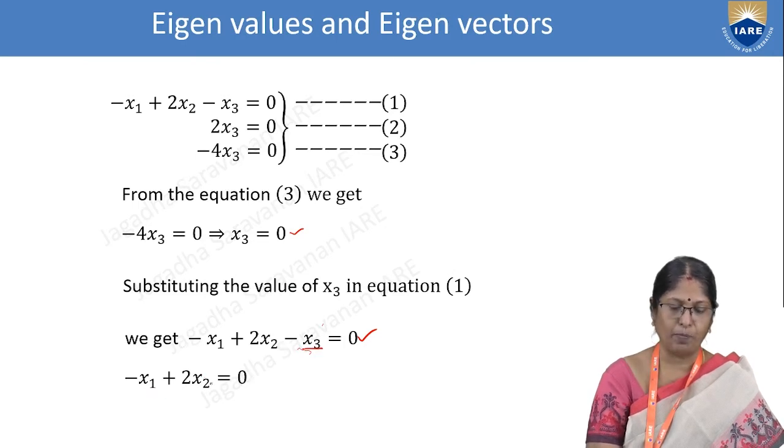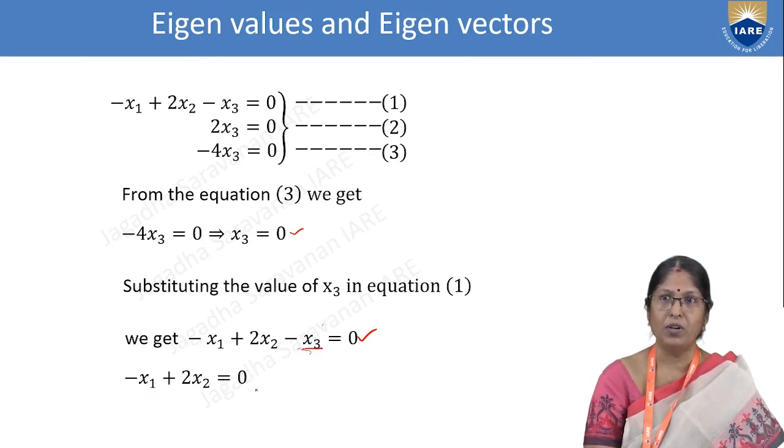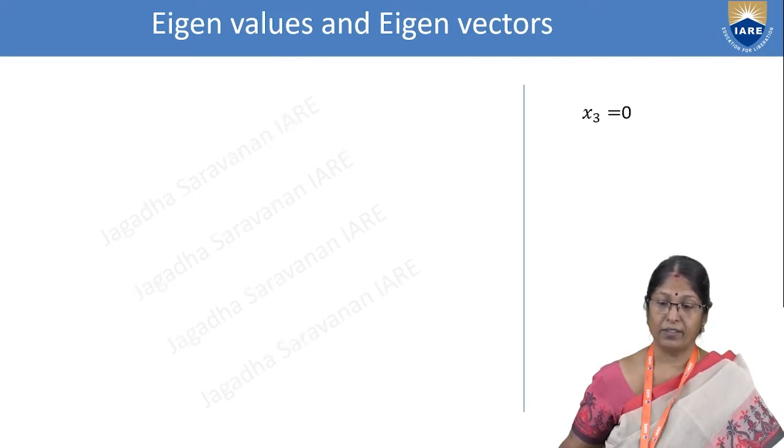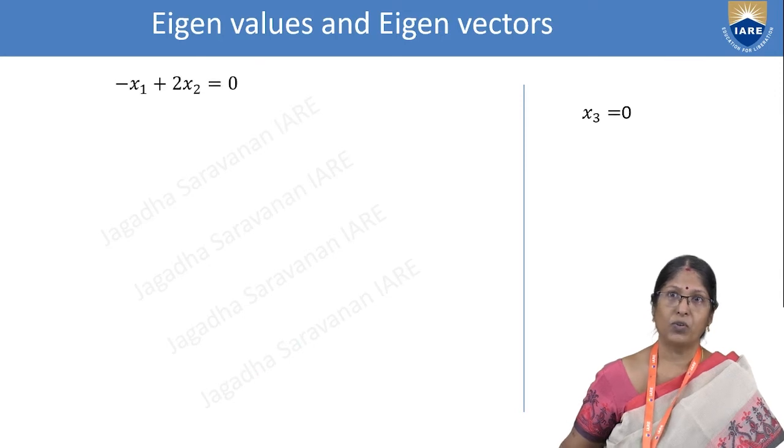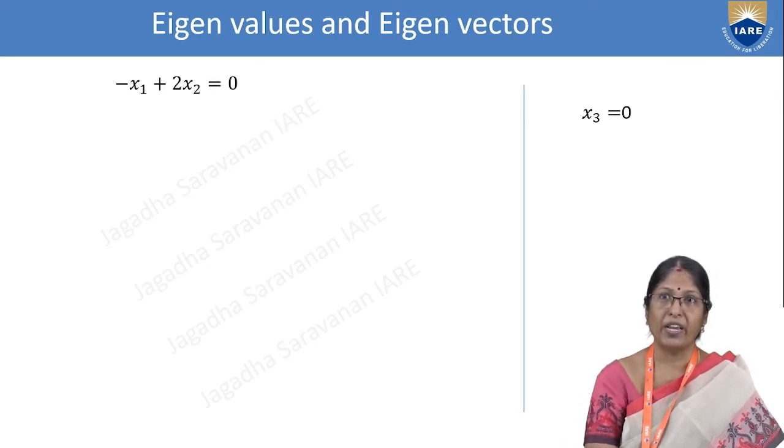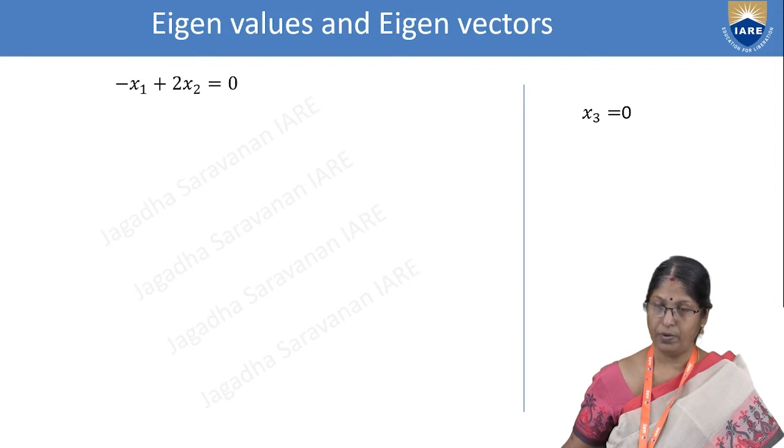So minus x1 plus 2x2 equal to 0. After substituting the value of x3, that is 0, in equation 1, we got this one.